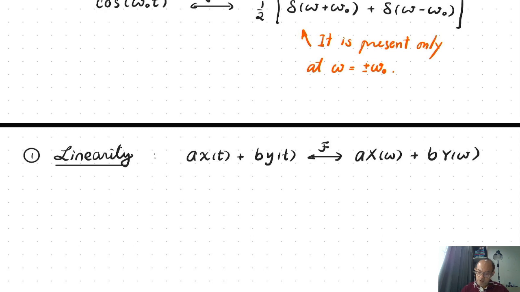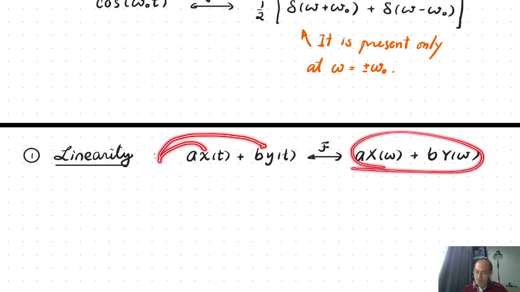In other words, you can take the Fourier transform of each of x and y and perform the same linear combination on the Fourier transforms of x and y to get this result.